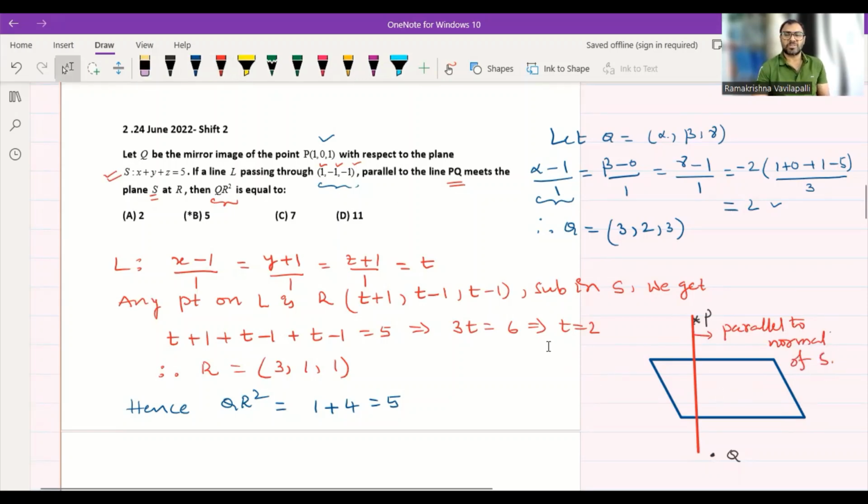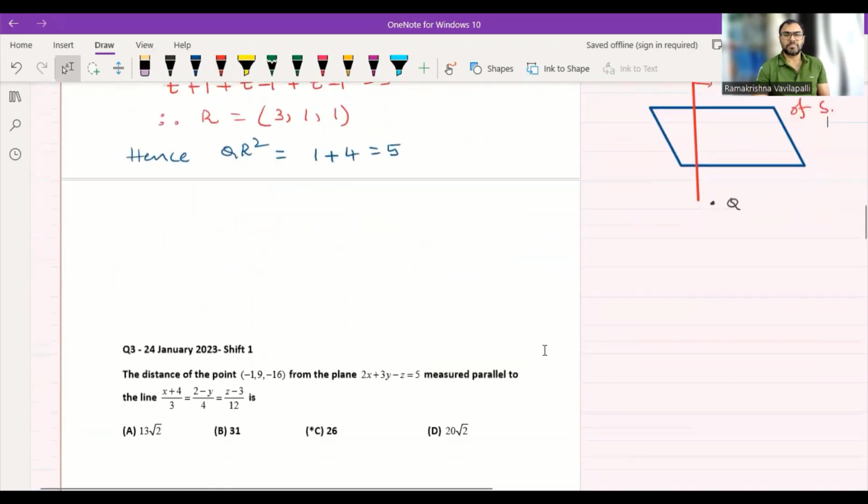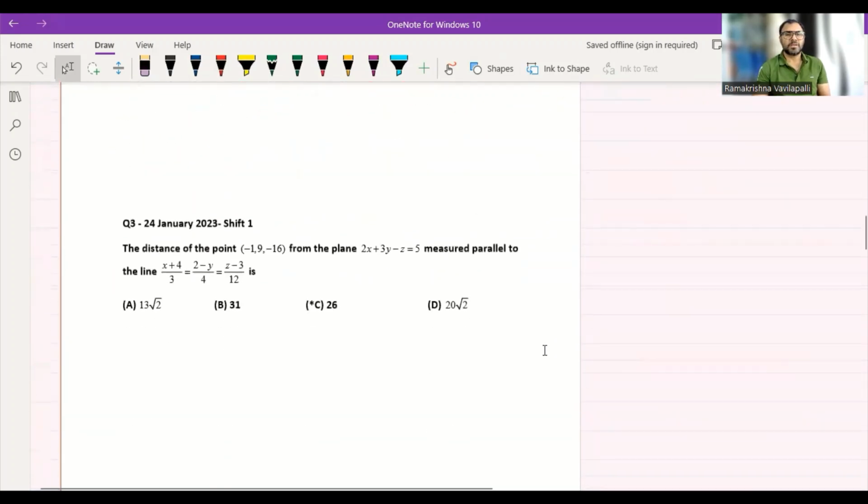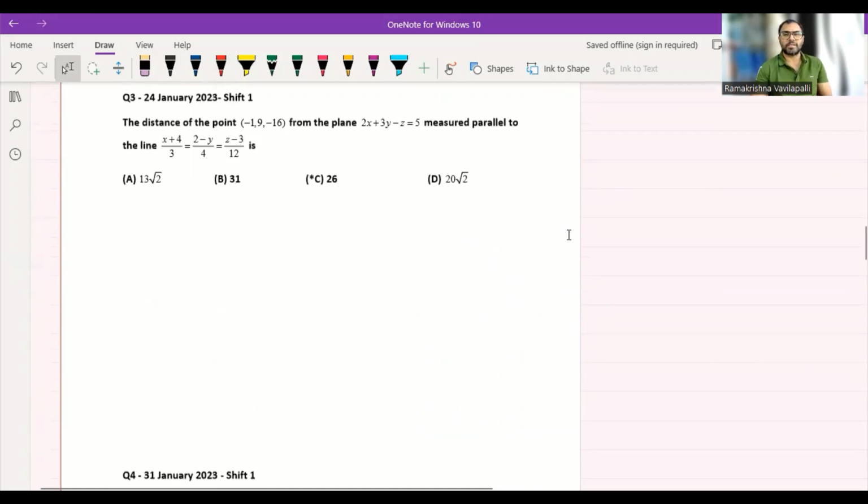Now moving to the next question: the distance of the point. See, this is the distance of the point. This model is important. The distance of this point from the plane measured parallel to the line. This is the second concept which I have explained earlier.